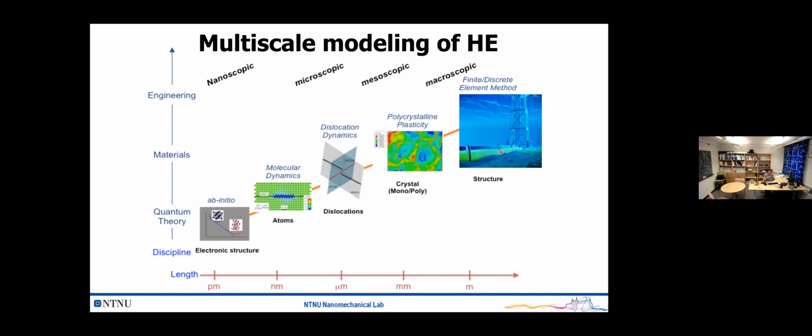And the last question, can we mitigate all these effects induced by the hydrogen? If we can answer those questions, of course, it will not only help us to design hydrogen-resistant materials, but also help to extend the lifetime of existing materials and infrastructures.